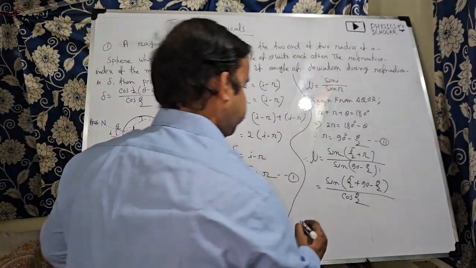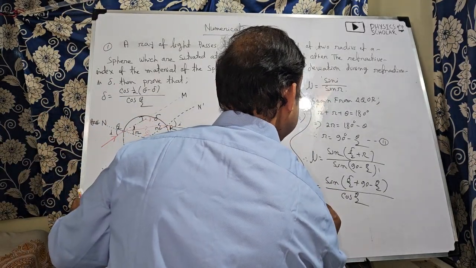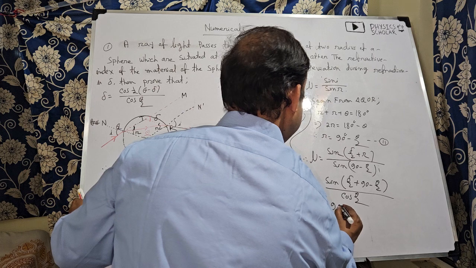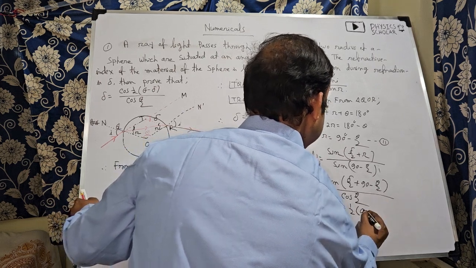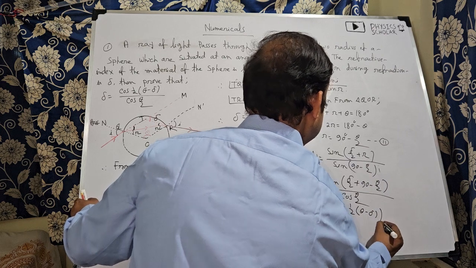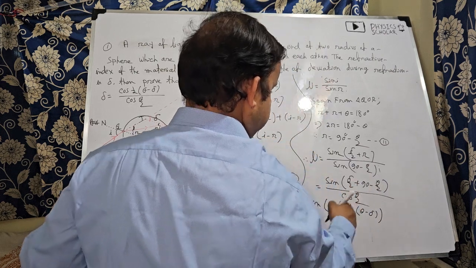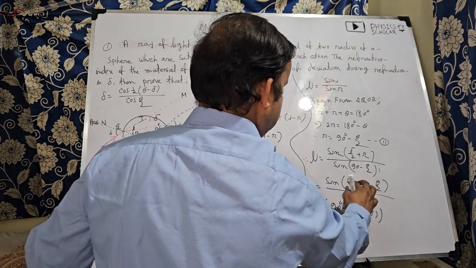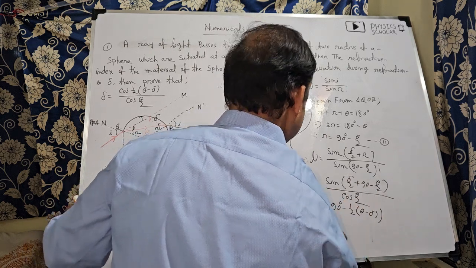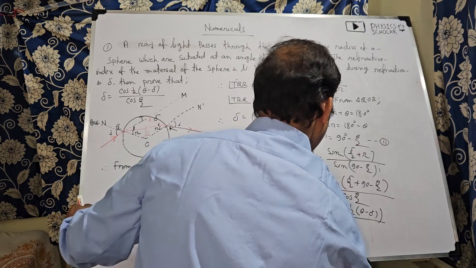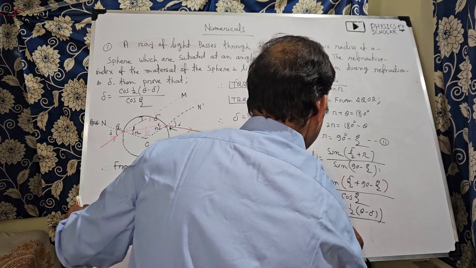So sine of 90 degree minus half into theta minus delta. We are taking 90 degree at the beginning, we are taking half common. Minus half means theta minus delta. Okay. Whole divided by cos theta by 2.